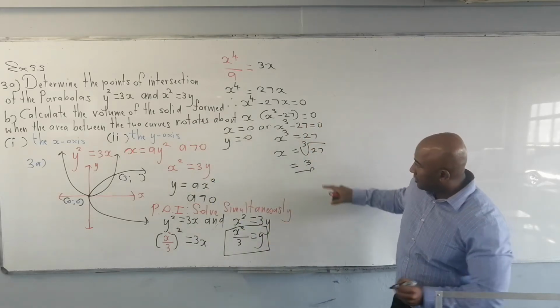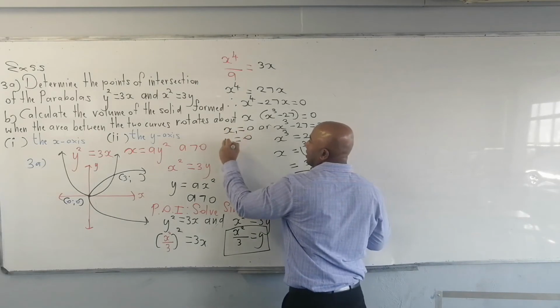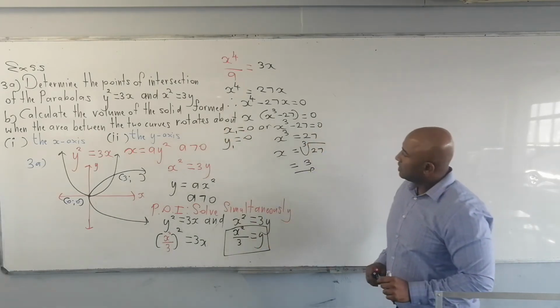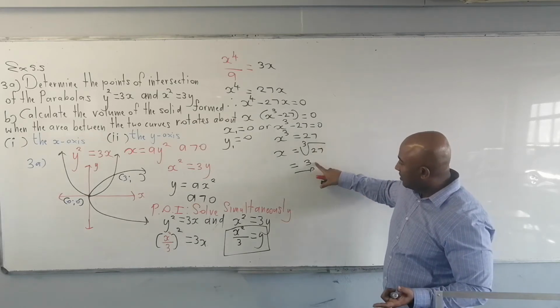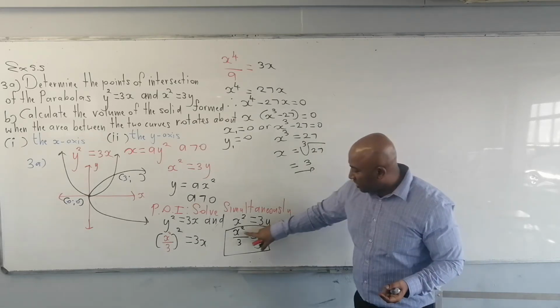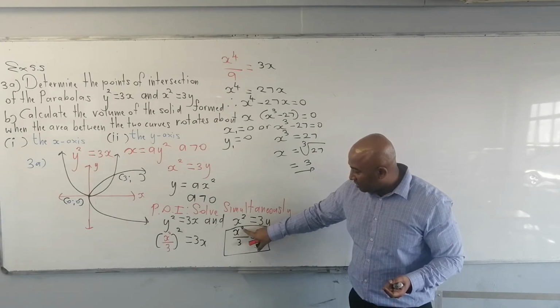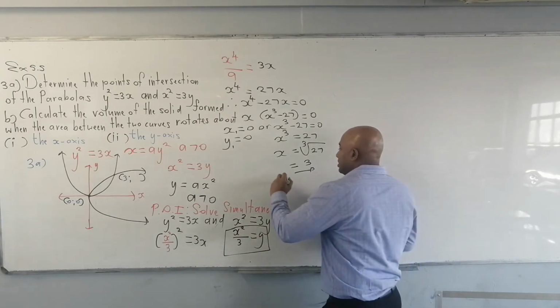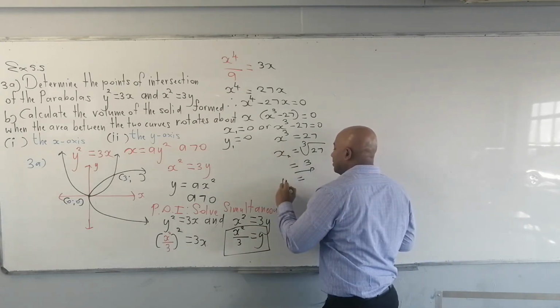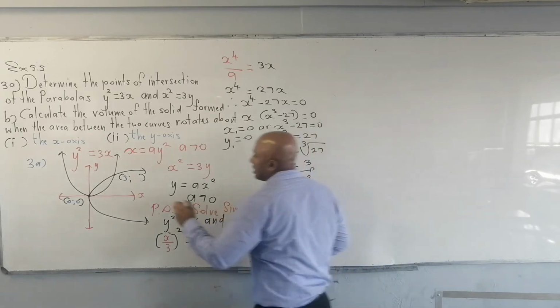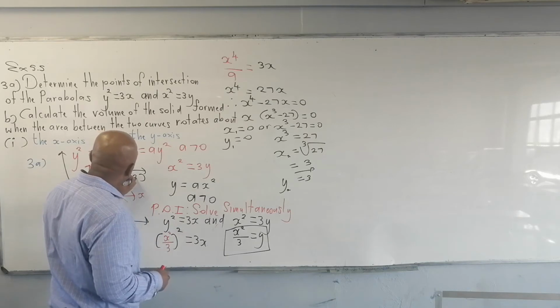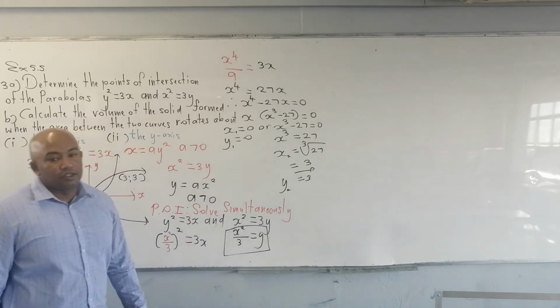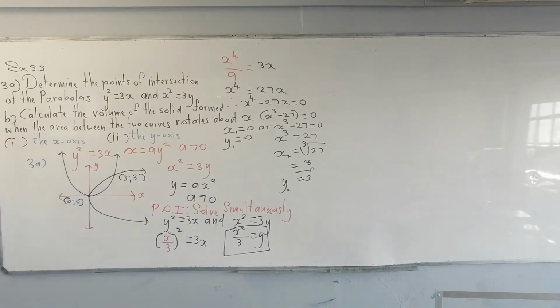And then, let's call this one x1, y1. Your point of intersection here, when x is equal to 3, what is the corresponding y value? 3 squared is 9. 9 divided by 3 is 3. So y is also equal to 3. Alright, so those were the points of intersection.